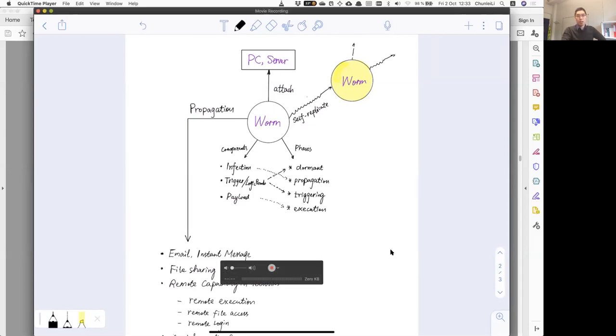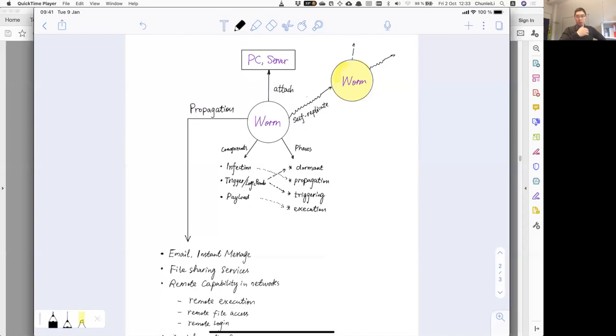In the beginning, computer viruses mostly tried to infect other clean programs in the same system, because that was in the early days, the 1980s, before the invention of the internet. So most computers were not connected.